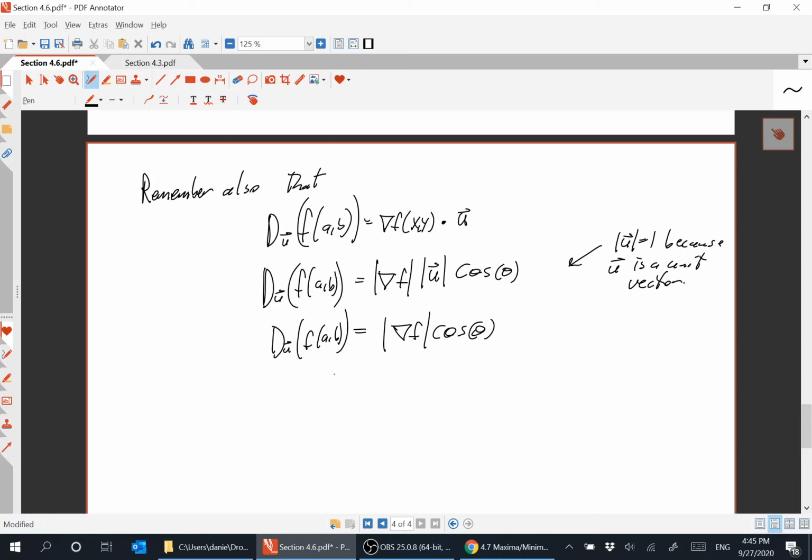So that's interesting. The value of the directional derivative is just the length of the gradient times cosine theta.